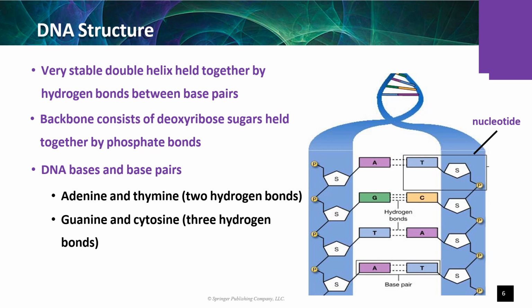There are 4 DNA bases. 2 are larger purines, which are adenine and guanine, and 2 are smaller pyrimidines, which are thymine and cytosine. DNA is a double-stranded molecule that is twisted into a helix and held together by complementary base pairing.